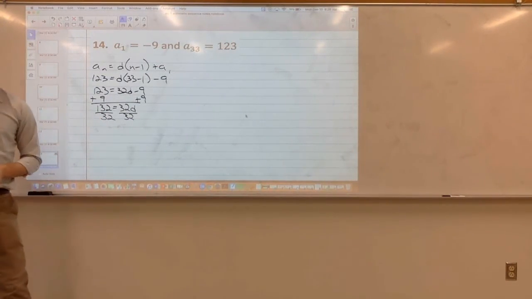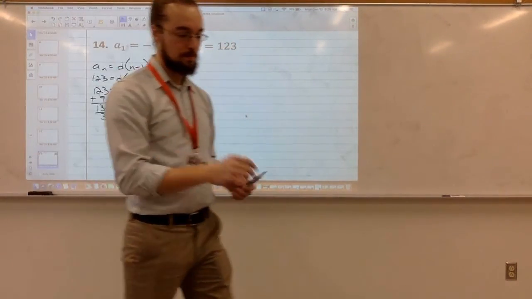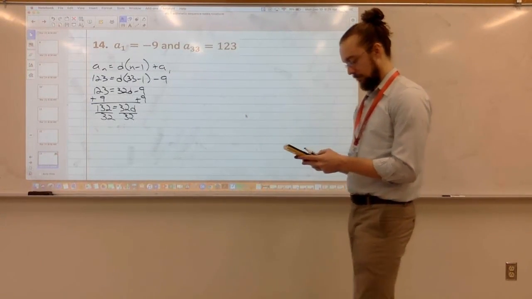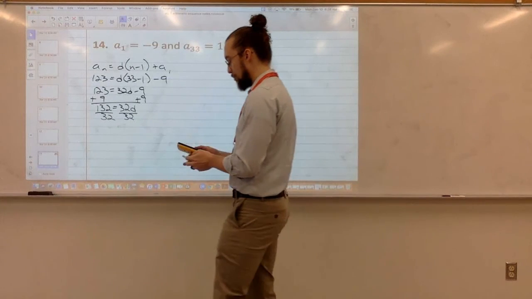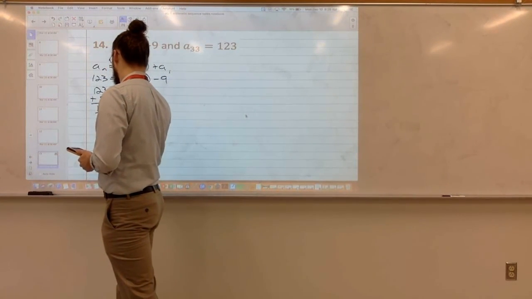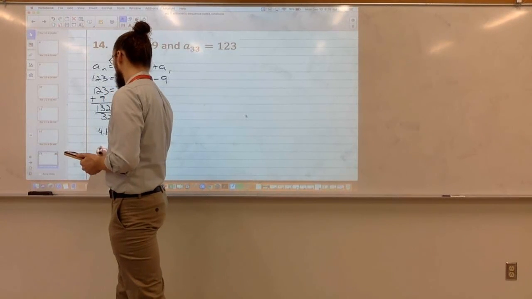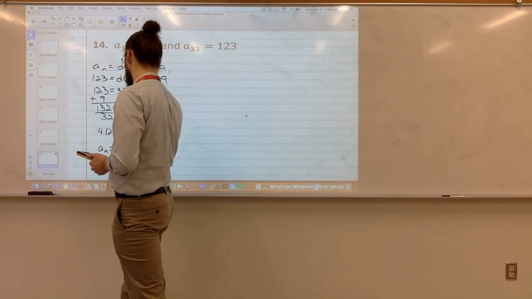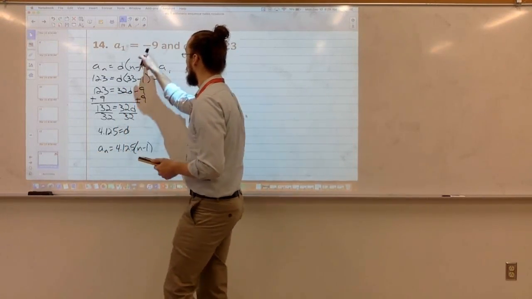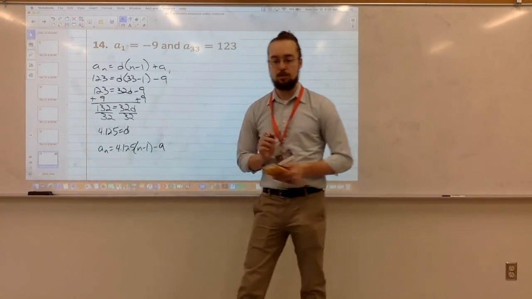I don't know what we get for that. Good try, Tommy. 4.125. So then my rule, a sub n equals 4.125 times n minus 1 minus my first term of 9.